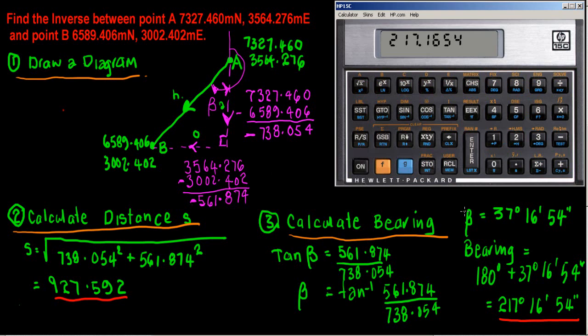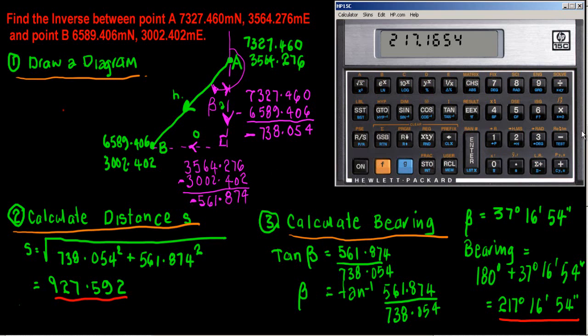Of course, as I've shown you earlier, there is an easier way of doing this once we've got our two ordinates there, and that is to use the polar rectangular conversion.